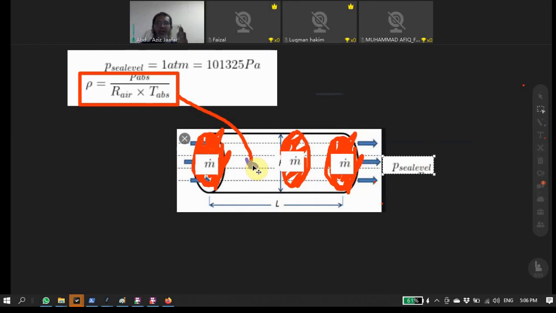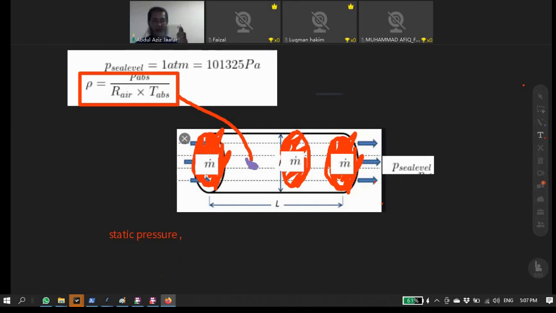If the sea level pressure is very high, the fluid will enter the pipe, going to the left. But when the pressure here is higher than the sea level pressure, the fluid will be moving outside. So the pressure at this location must be higher than the sea level. The difference between the pressure at this location and the sea level value is what we call static pressure.